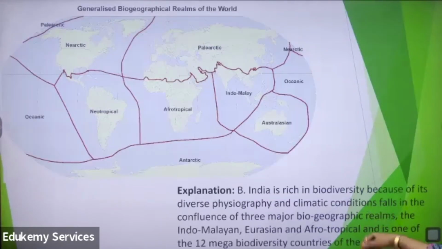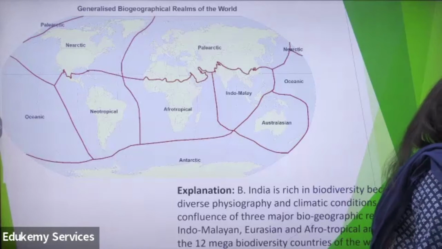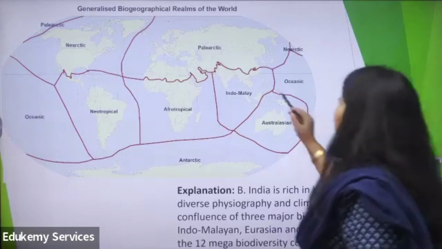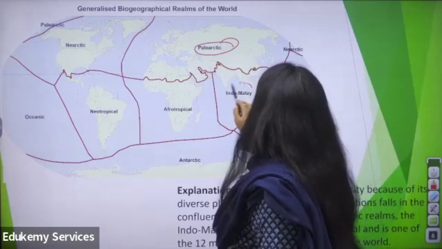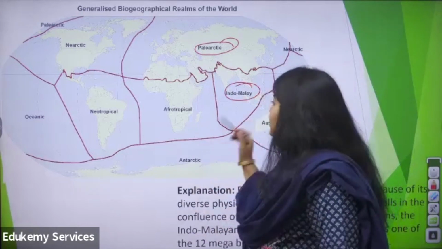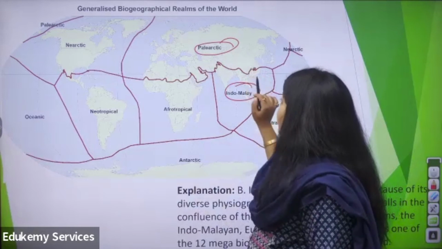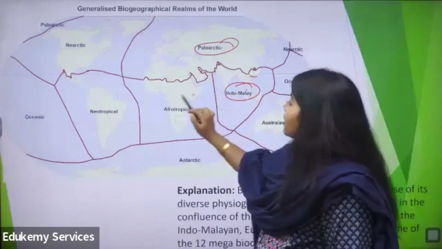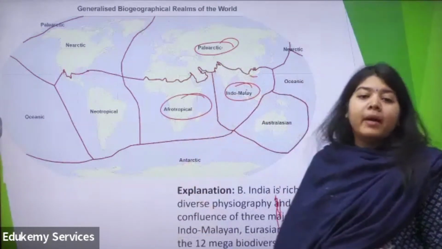So I have these biogeographical zones. When it comes to India, the Himalayan region is between two biogeographical zones, that is Palearctic and Indo-Malayan. But when I talk about India in general, can I say that India is at the junction of Indo-Malayan, Palearctic and Afrotropical biogeographic zones?